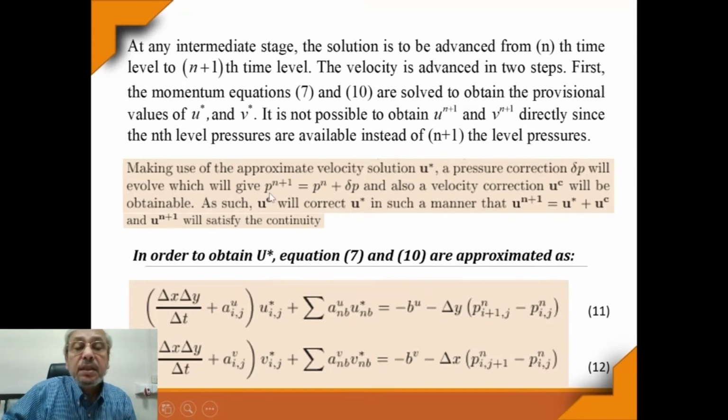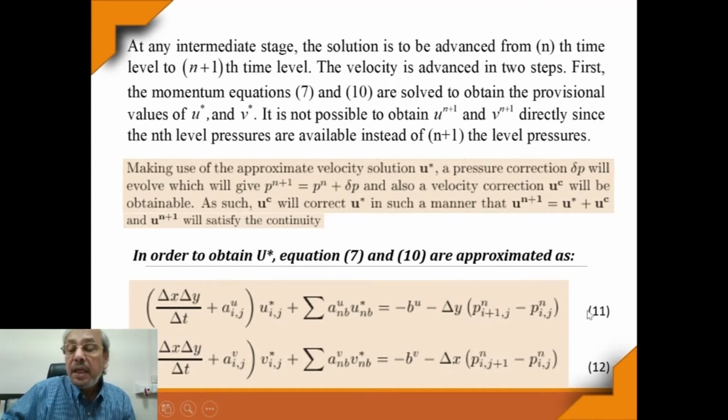As such, UC will correct U star in such a manner that U n plus 1, this is vector U, means U and V both are covered, equals U star plus UC, and then we'll get U n plus 1. And we'll get Pn plus 1 also.